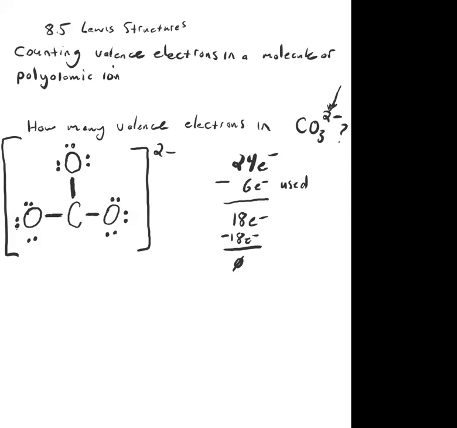They're all good, right? They each have 3 lone pairs and a bond. That's 8. But the carbon only has 6. So by putting 6 electrons around each of the oxygens in the form of lone pairs, that's where these 18 electrons came from, right? This 18 that I used right there are those 3 lone pairs on each of those atoms. The carbon only has 6, so that's a problem.